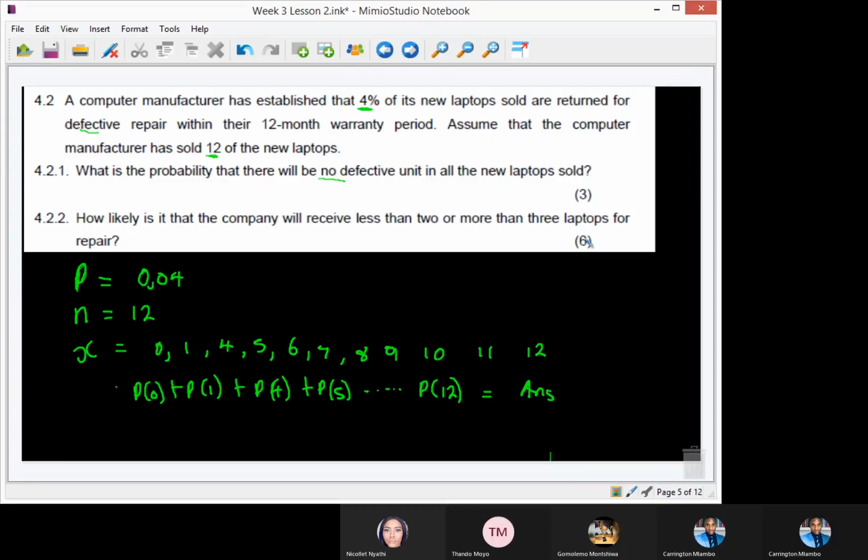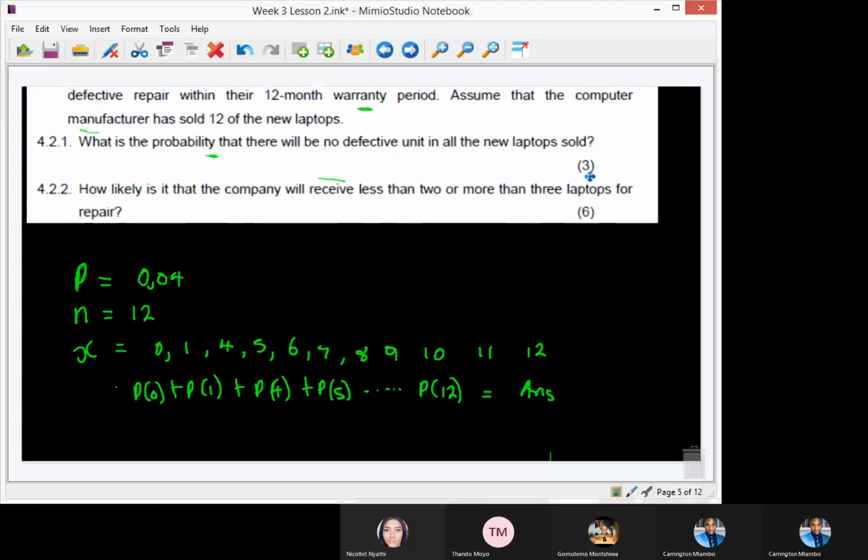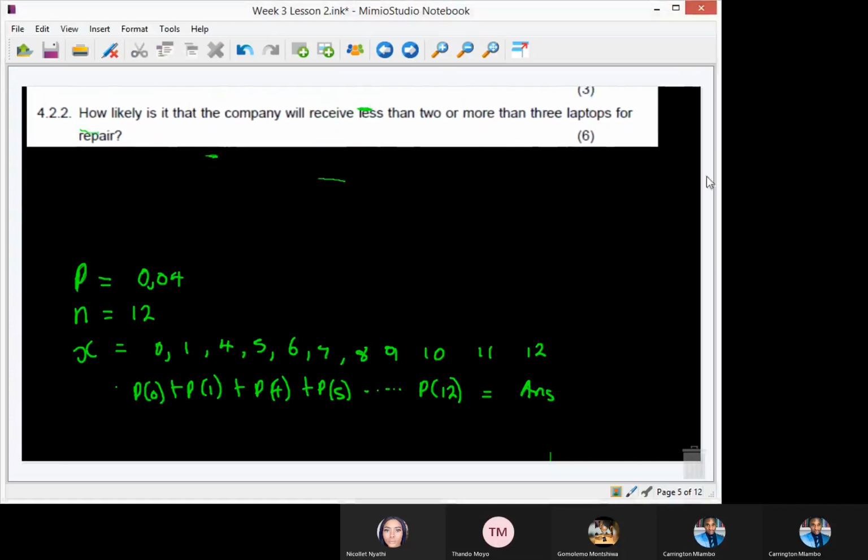What's the shorter way of calculating this? Remember, we have 12 items. I'll just show you now. Probability in total is always equal to 1.